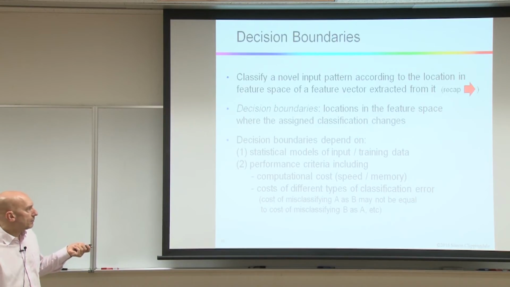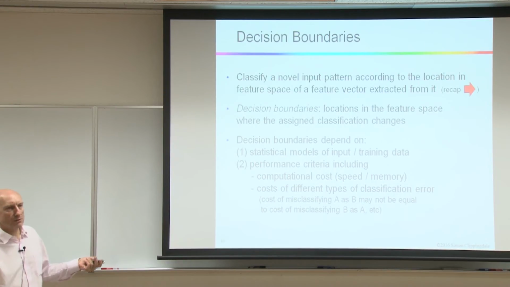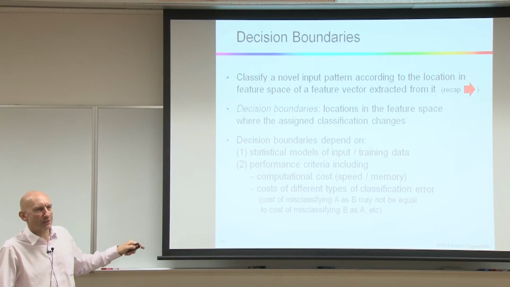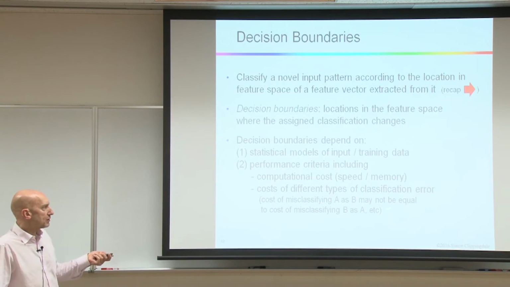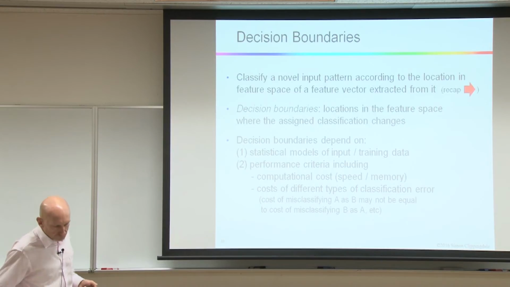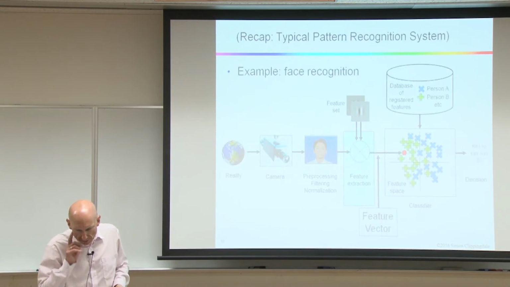So misclassifying A as B, for example, misclassifying a person as somebody who's in the database of people allowed into a building might not be the same as making the opposite error. So that will all shift your decision boundaries around.